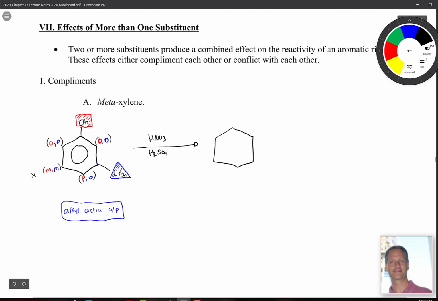So our final product here is going to be our CH3 here, another CH3, and then at the ortho position, we'll get an NO2, and also at that ortho-para position, right?